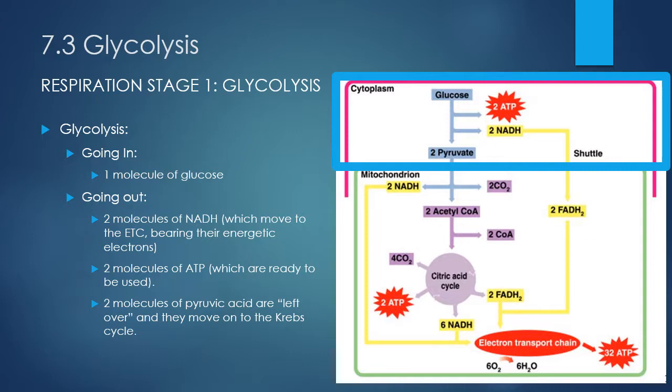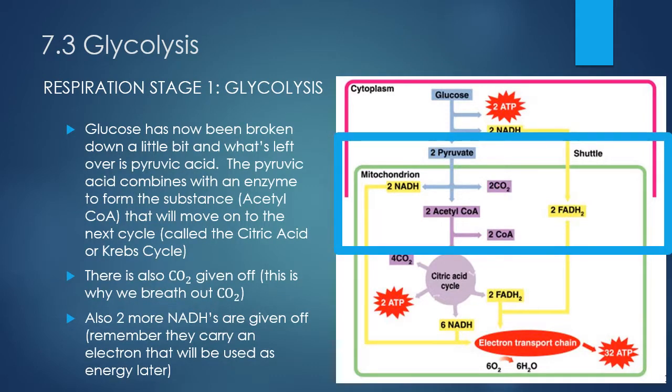So one molecule of glucose will get broken down into a little bit of energy, so 2 ATP, 2 NADH electron or energy carriers, and 2 molecules of pyruvate or pyruvic acid. This is sort of what's left over after you take this energy out, and that pyruvate will be used to fuel the next stage of the process.